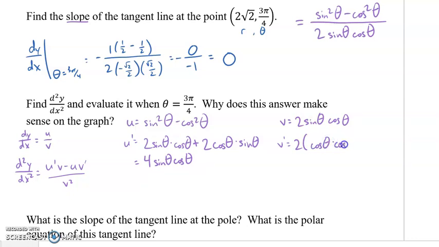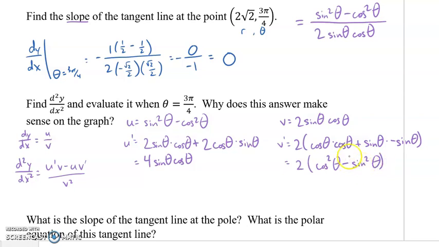Sine of theta differentiates to cosine of theta. So u prime v plus u, and then v prime is going to be negative sine of theta. All right, so that's going to give us 2 times the cosine squared of theta minus the sine squared of theta.